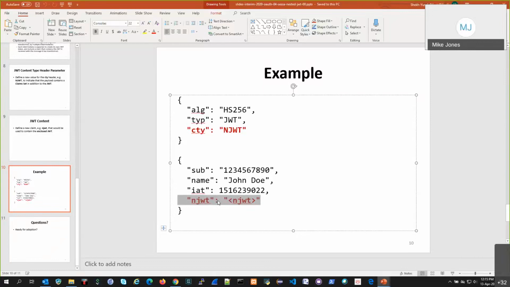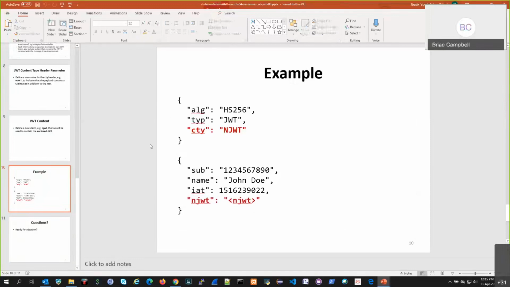First, I'll say that having thought about this for a bit, I think naming would be clearer if we don't try to reuse nested JOT term, because that already has a well-defined meaning in the JOT spec. And this is not that.